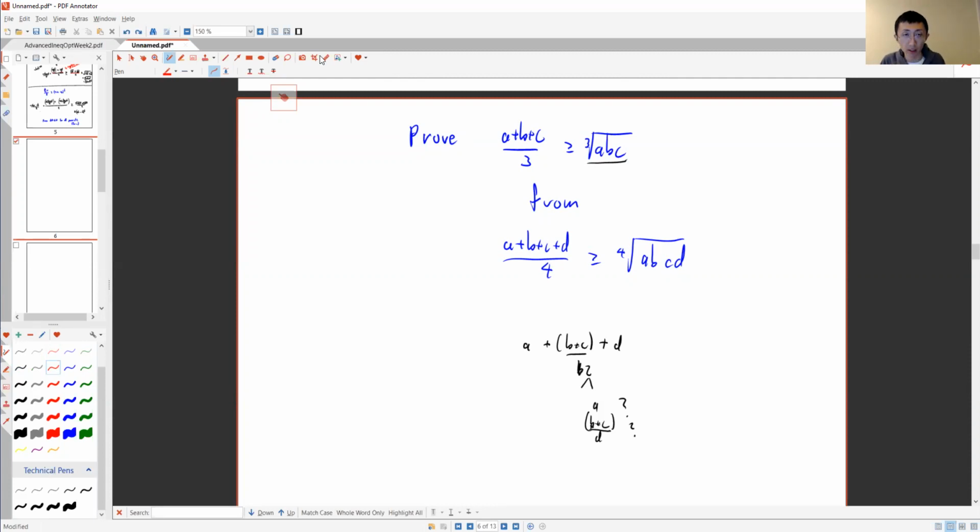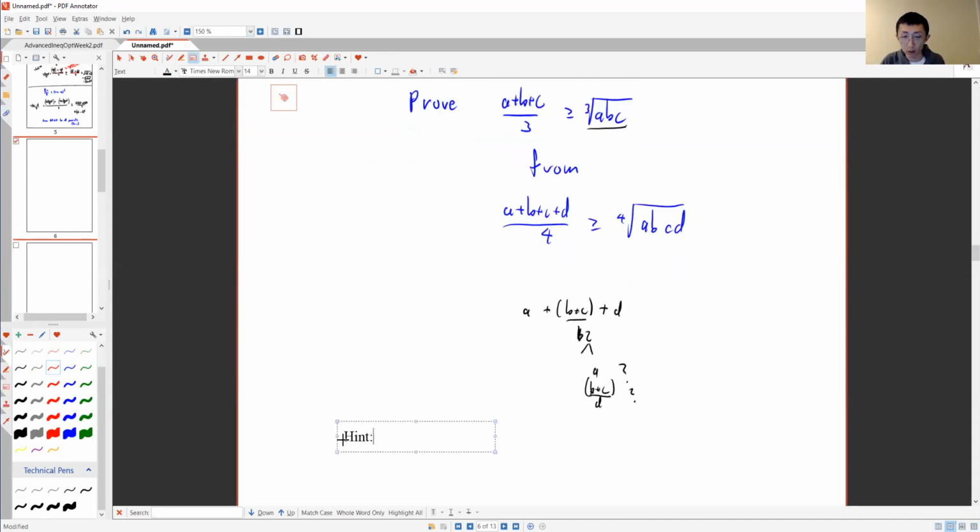So here's a hint. This part is pretty hard. Can we let the fourth variable equal some function of a, b, c? Is there some expression, can I express the fourth variable as an expression of the first three?